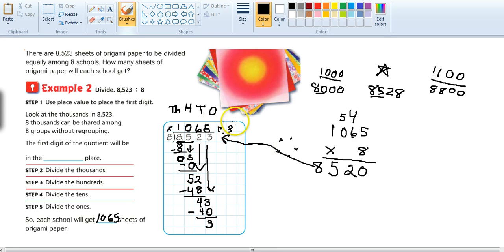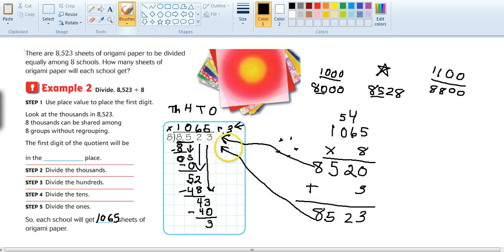But don't forget, we have that remainder of 3, and we have to add that remainder back in to check it. When we add that back in, we notice that now we're up to 8,523, and we realize that ding, ding, ding, our answer is correct.